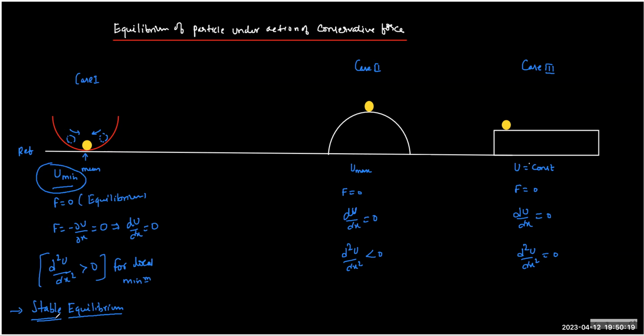So when I say stable, it means when F is zero and U is minimum, we call it stable equilibrium. Is this clear? Yes. Understood?